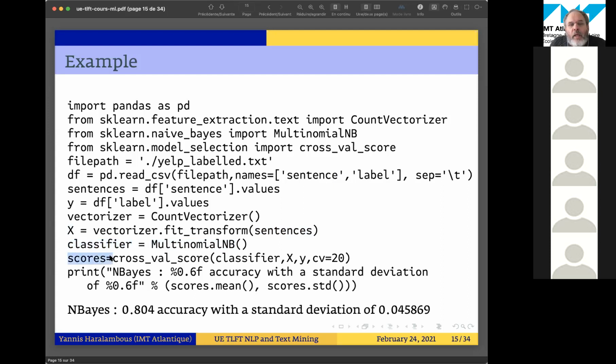And then I have this very nice Python function, which is cross-validation. So what is cross-validation? Instead of defining a training set and a testing set once, I divide my complete set into how many?